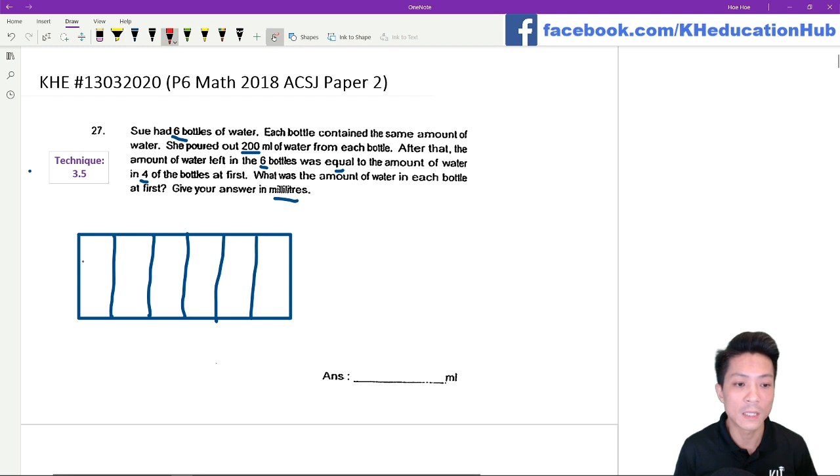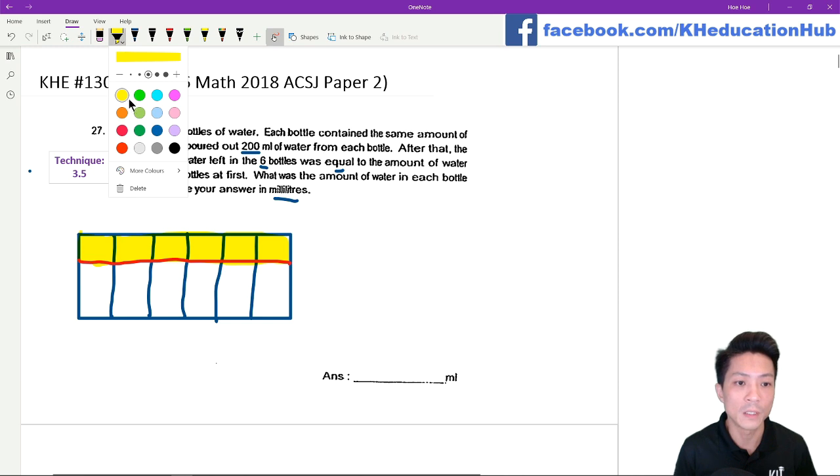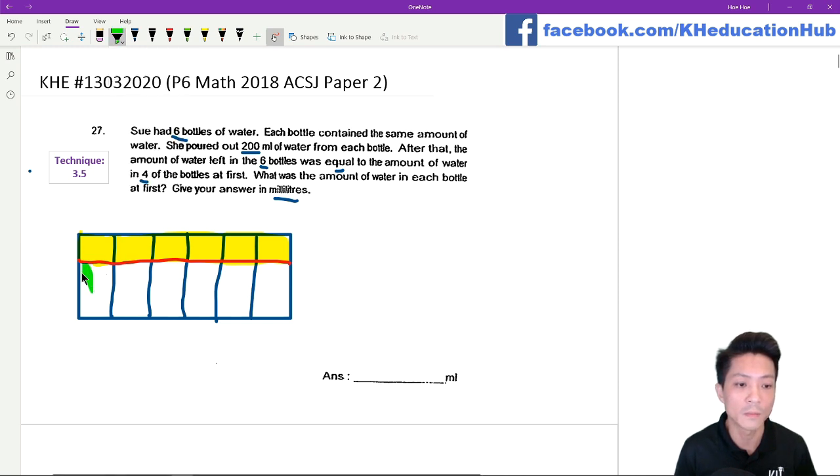I'm going to draw a line to represent the amount of water that she poured out from each bottle, which will be about here. Now I'm going to highlight this part here as yellow. Okay, so the yellow part will be the amount of water that she poured out, and the green part would be the amount of water that's left in the bottles.